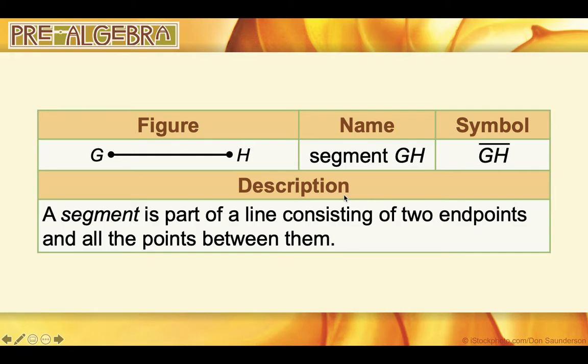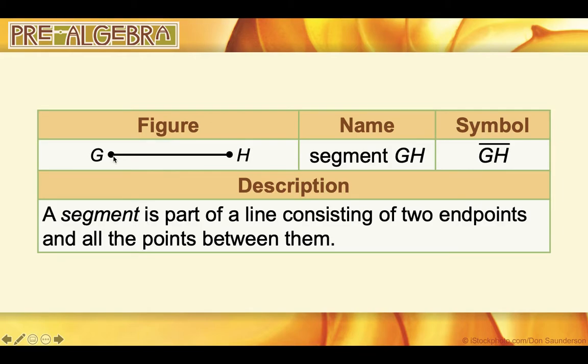This is a line segment, or just a segment. As you can see, we've got endpoints on the end. So this is different from a line because a line extends infinitely in both directions. A segment is going to be cut off. We're going to have a definite length here.